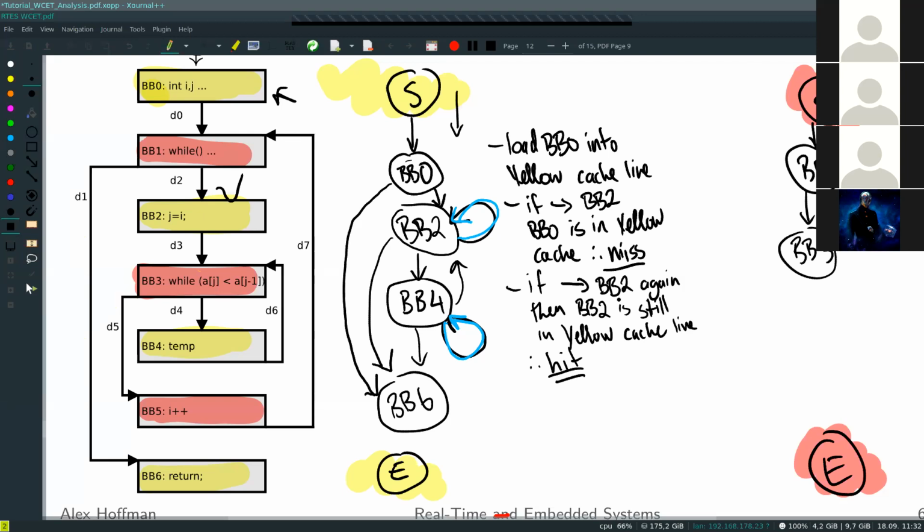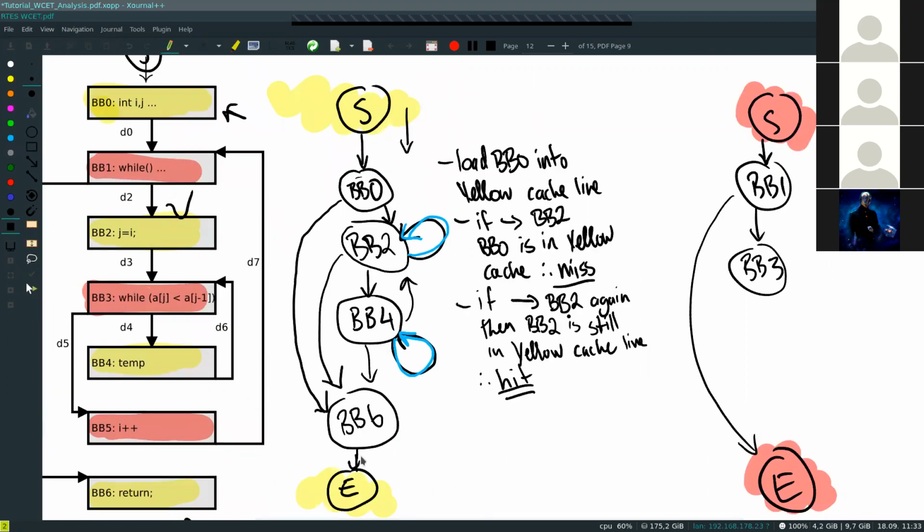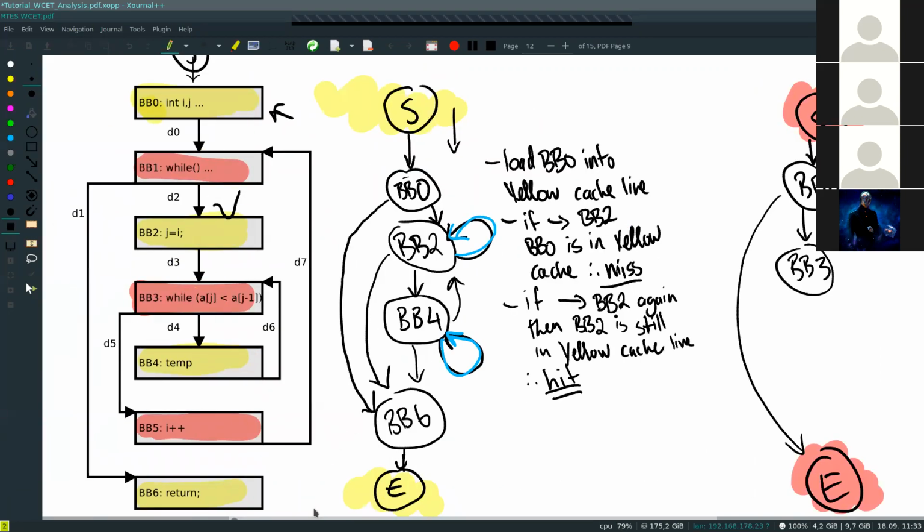No, BB1 can't go to BB5 without going through BB3. But where else can I go from BB1? Oh, I should have mentioned that this goes out here. Yeah, it just exits, meaning it goes to something after the end of our program. Same as here, I forgot to draw it in before, but on the yellow cache line graph, we also have this arrow at the bottom because BB6 will go out to whatever's next. So BB6 will exit.